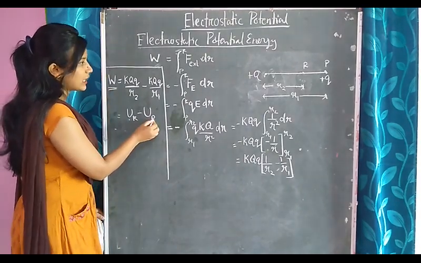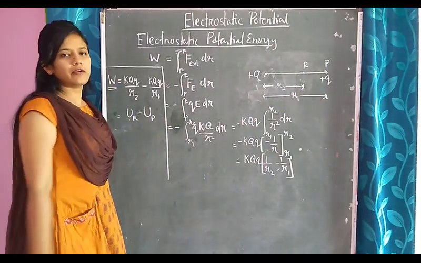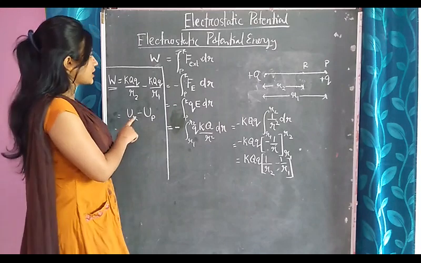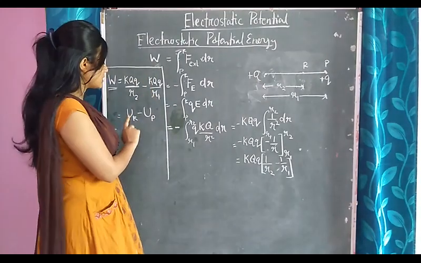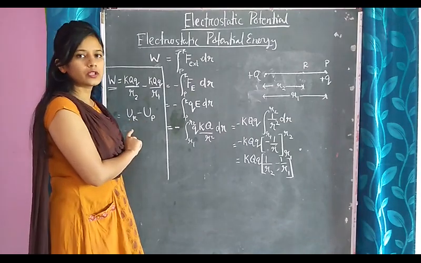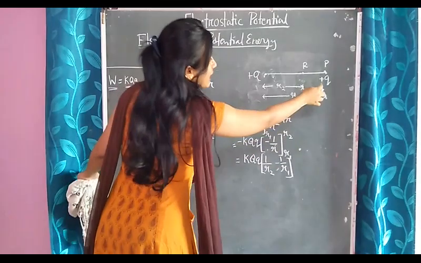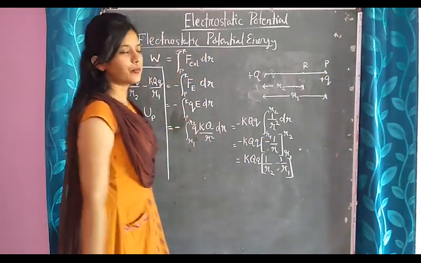Whenever we take this point P, first thing I will define is what is electrostatic potential energy. The potential energy difference is equal to the work done in bringing a charged particle from one point to another point.